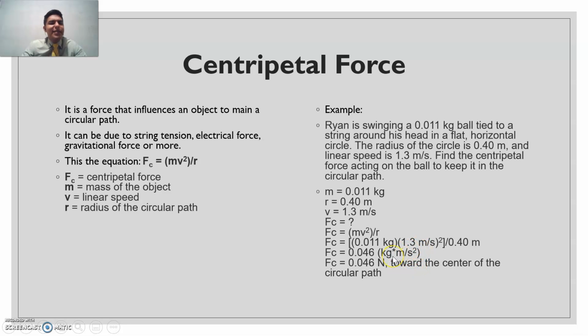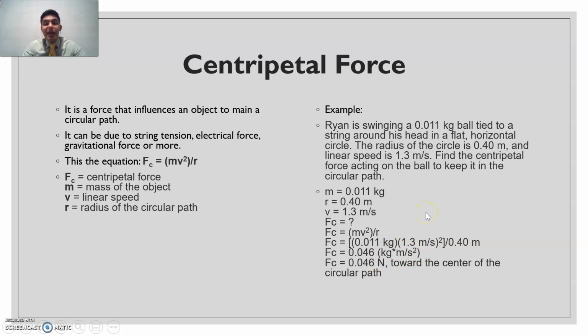So what is this, actually? Because remember that our mass is represented in kilograms, our linear speed in meters per second, and lastly, our radius in meters. So what is exactly this value? Well, this is translated into newtons.